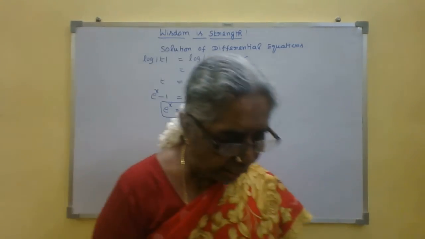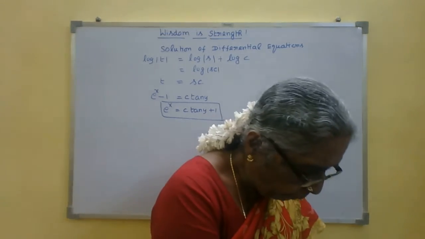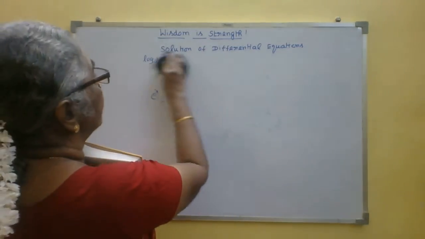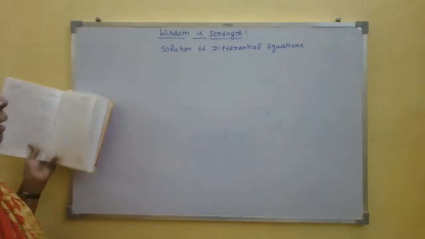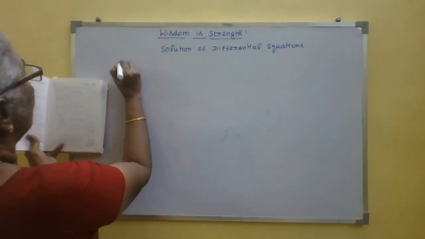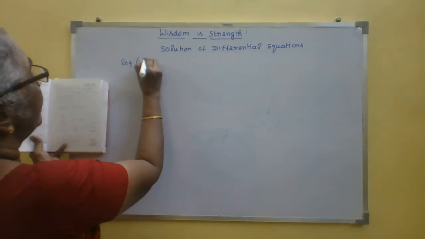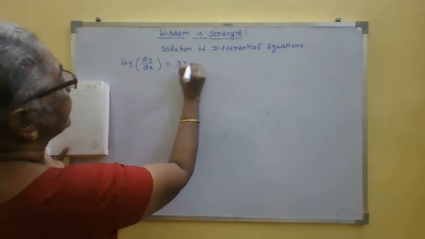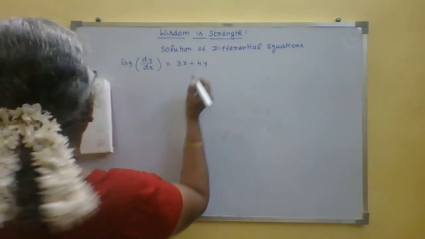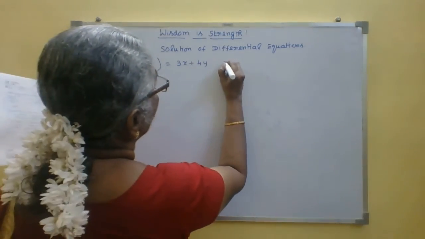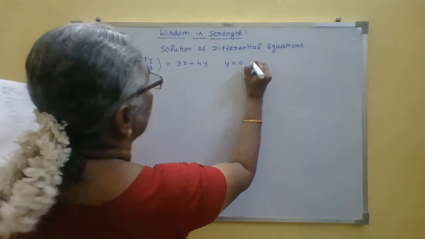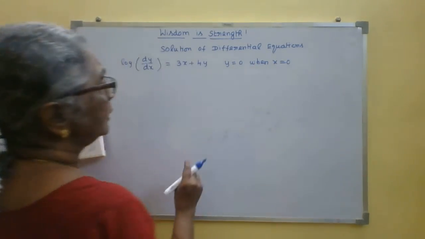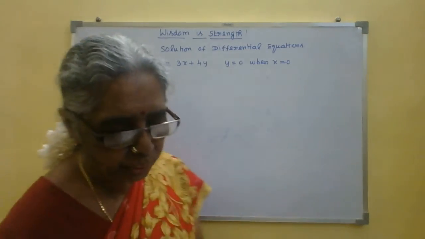Now let us see one example for a particular solution. Log dy by dx is equal to 3x plus 4y. Given that y is equal to 0 when x is equal to 0, you are asked to find the particular solution.